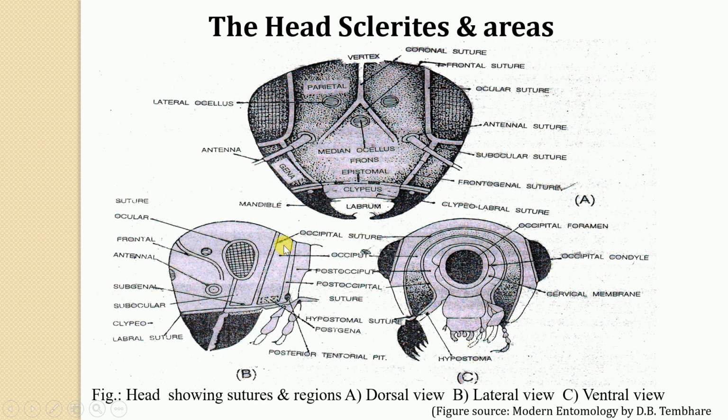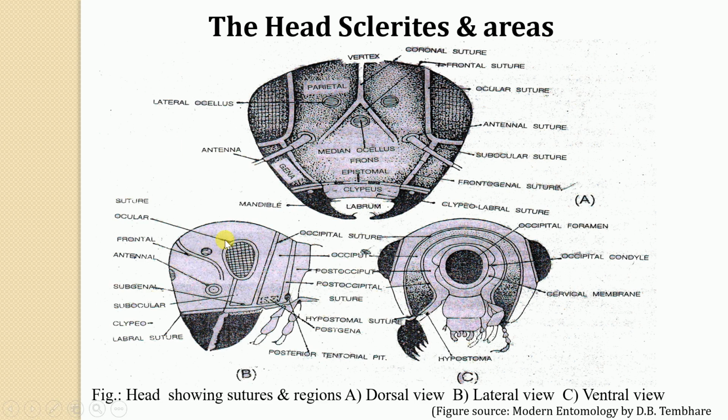The next sclerite we have discussed is the occiput, which lies between the occipital suture and post-occipital suture. The next sclerite we have discussed is the postoccipital sclerite, which lies between the occiput and the neck. The next sclerite we have discussed is the Genae and Post-genal area, which lies between the Frons and the occiput. Then the posterior most part of the occiput has lateral areas which are referred to as the post-genal.